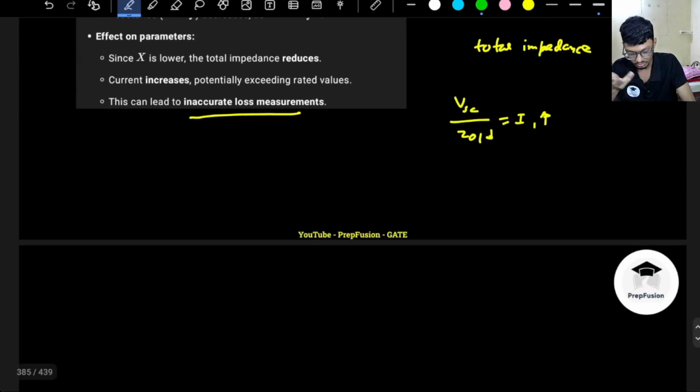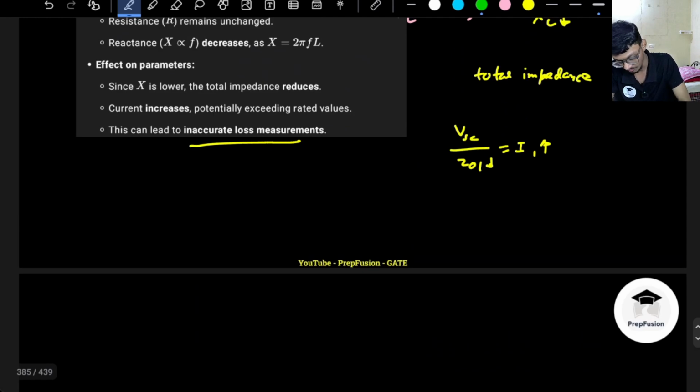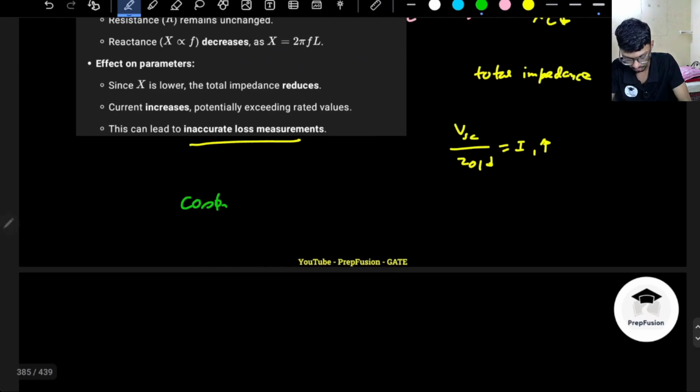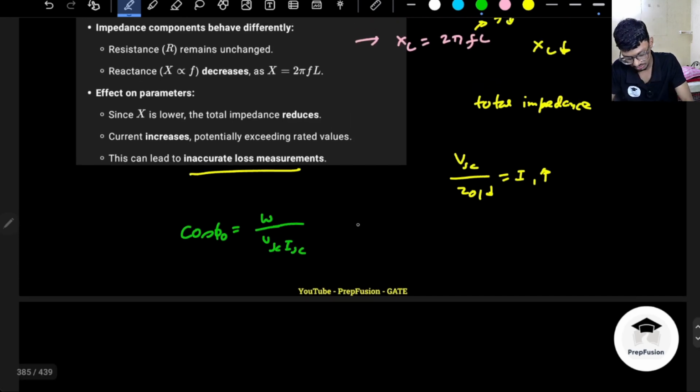Also the power factor increases, which is another point. The power factor is cos φ0, that is the wattmeter reading upon VSC into ISC. If XL reduces, the power factor angle reduces, so the power factor will be better and cos φ0 will increase, because the imaginary component is reducing.